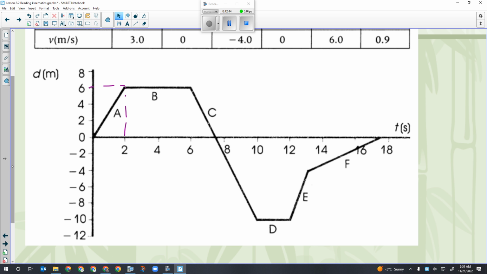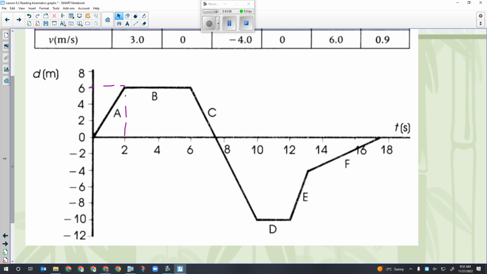What's going on in part B? Nothing. The object is standing still. What's going on in part C? It decreases at a constant velocity, or moves backwards at a constant velocity.